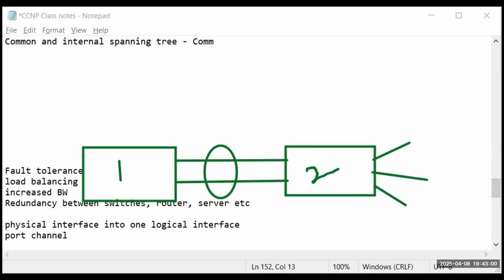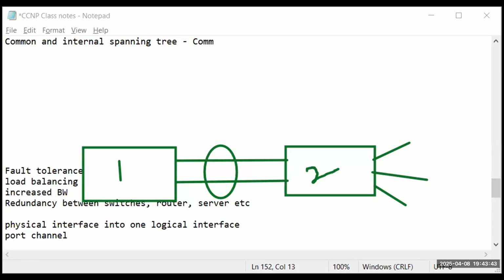Aggregated means summed up or added together. Say 4 interfaces are there, each 100 Mbps. So altogether we will get 400 Mbps speed. All those physical interfaces will be aggregated and configured into one logical interface. So that is EtherChannel.